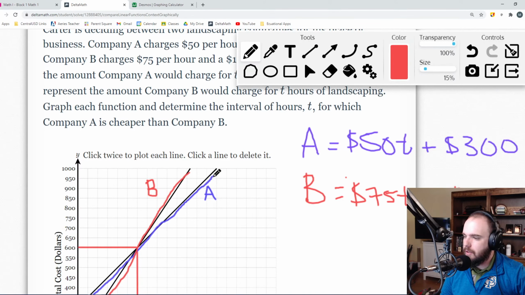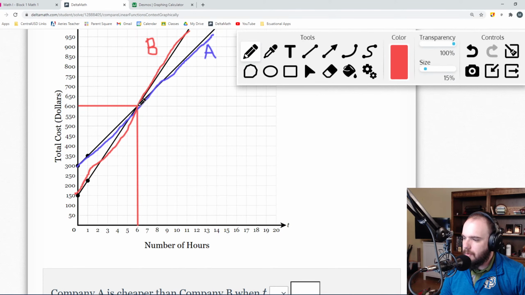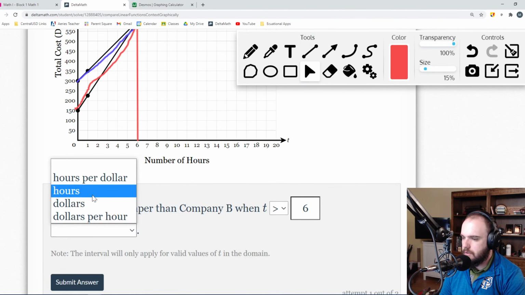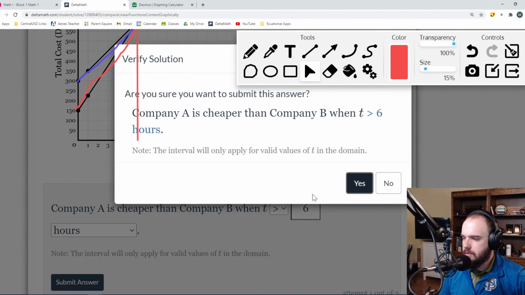So notice how my blue line is now below the red line. So it's going to be any time after 6 hours, right? So company A is cheaper than company B when T is greater than 6 hours. So that's all we're trying to do. We're trying to read through the problem, figure out what it's asking for, and then fill it in, right? So hit submit answer.